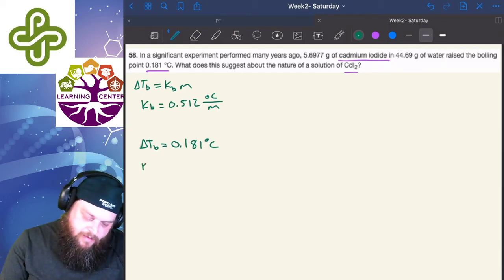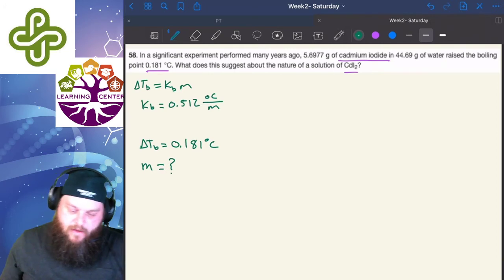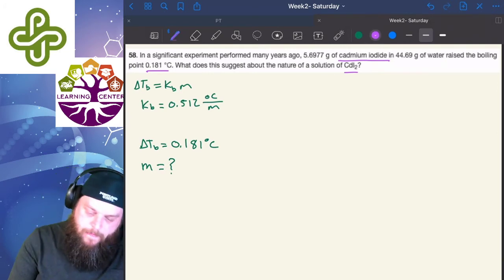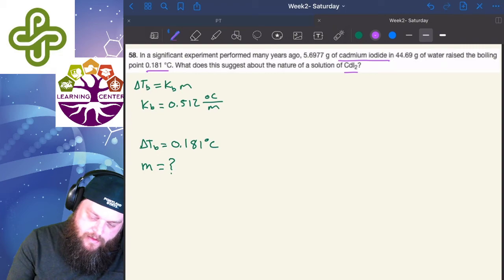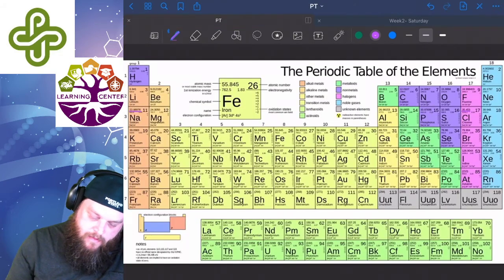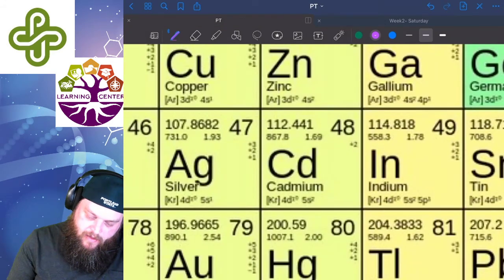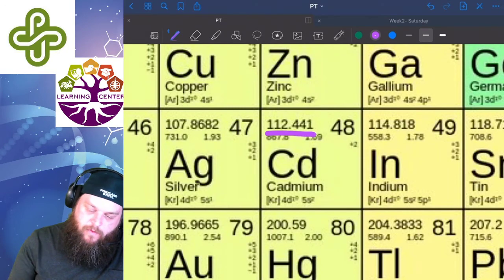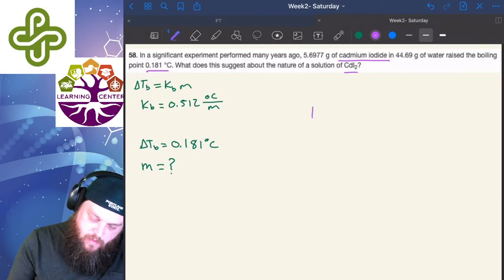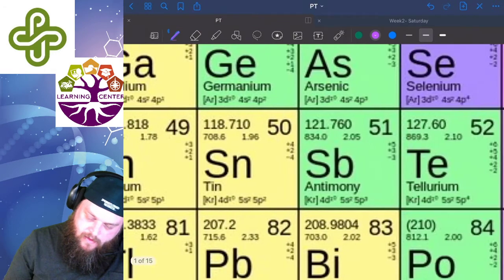So what we need to do is find out what that molality is. We can do that again by taking this cadmium iodide. Cadmium has a molecular weight of 112.441 grams per mole, plus 2 times iodine.